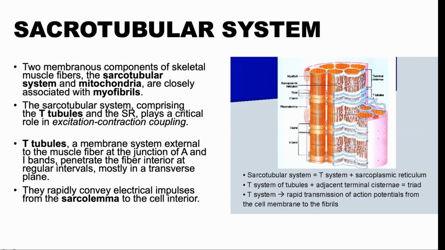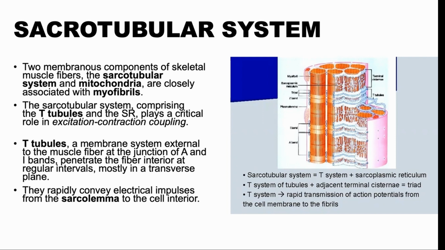So we already know that the mitochondria are closely associated with the myofibrils because this is like a machine. It's an energy machine. You need energy. Can't fully emphasize that mitochondria is going to be a very important part of it. So the sarcotubular system comprises the T-tubule and the sarcoplasmic reticulum.